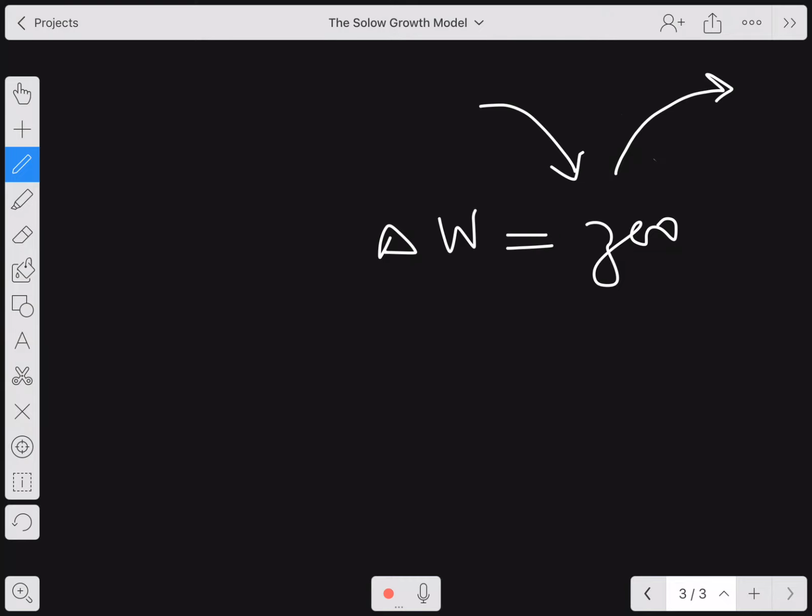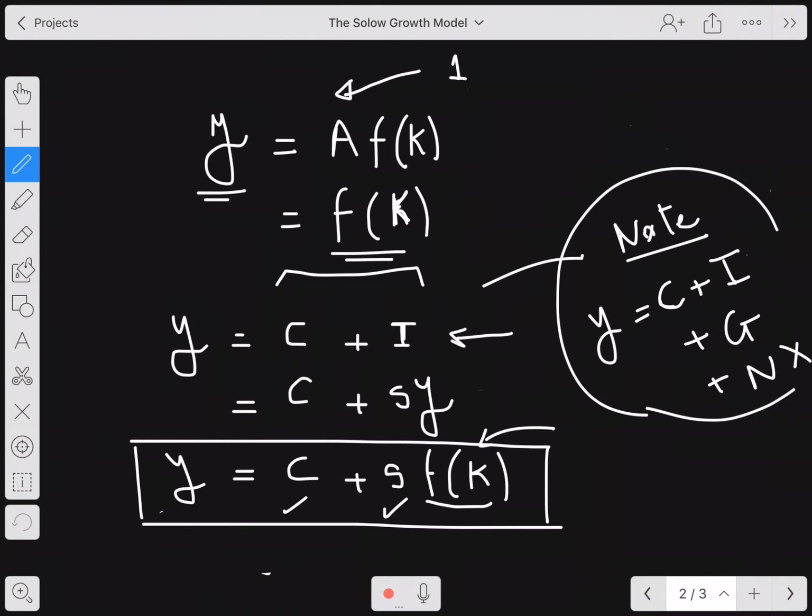Whatever you're investing, you're taking out of your capital an amount of depreciation, such that the change in capital labor ratio is equal to 0. You have a force that is adding and a force that is subtracting, and both together make the change equal to 0.